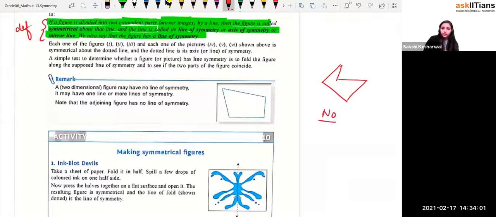No, you cannot divide. Similarly, over here it says that a two dimensional figure may have no lines of symmetry. It may have one line of symmetry or more lines of symmetry. Note that the adjoining figure has no lines of symmetry, right? You cannot divide it. So now what I was discussing about is like the activity.